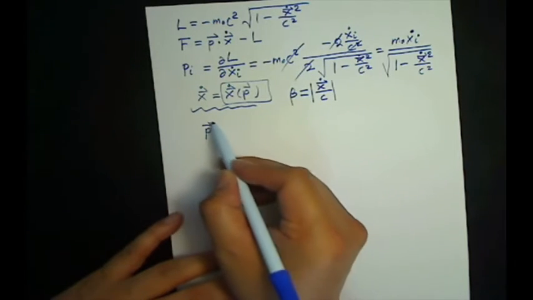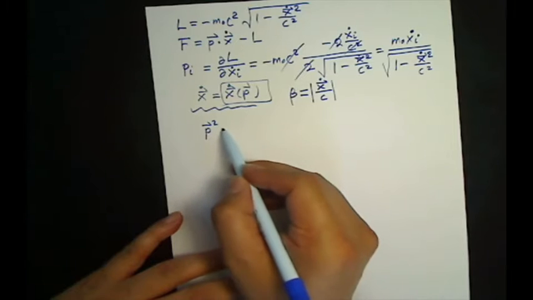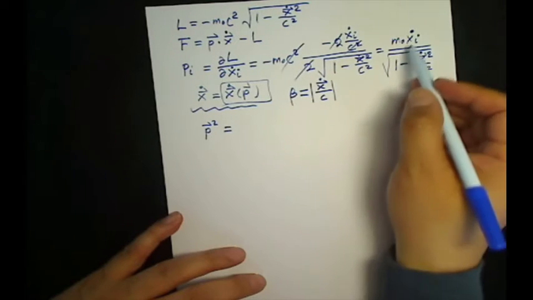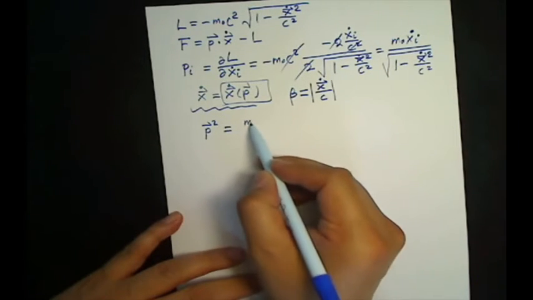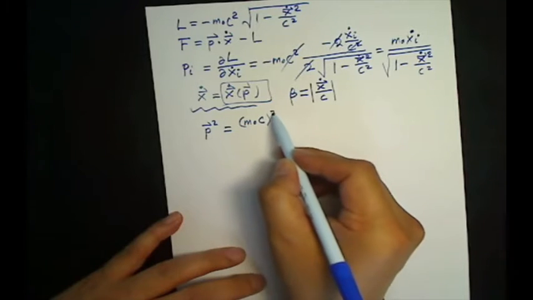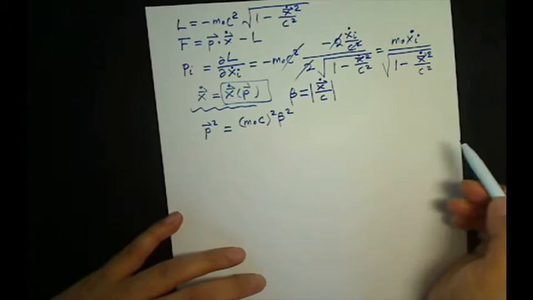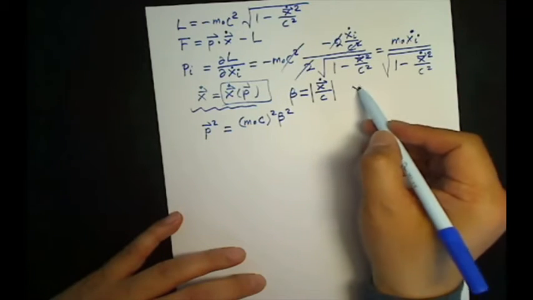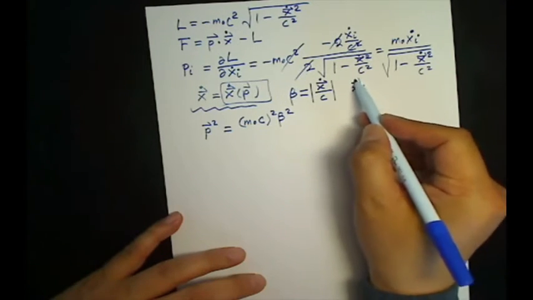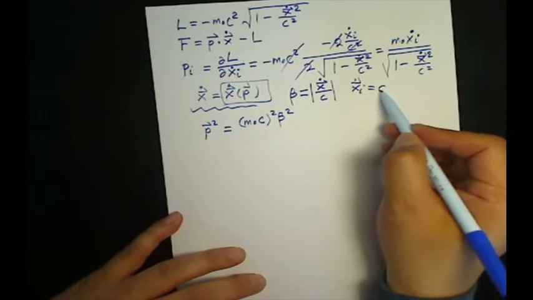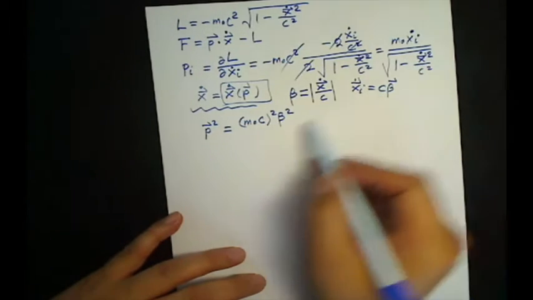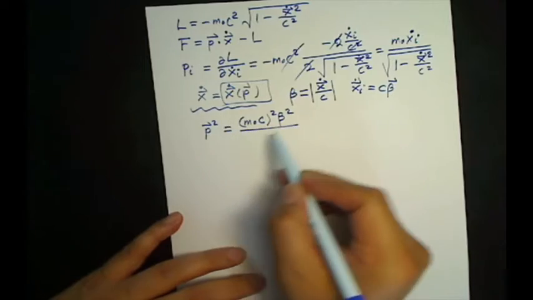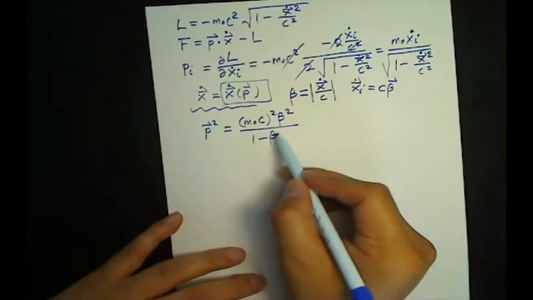P vector squared equals m0c squared beta squared, because xi dot equals c beta, and then this is 1 minus beta squared.